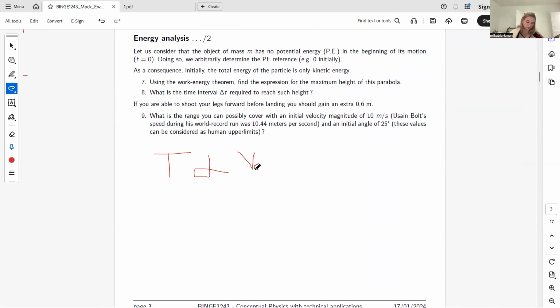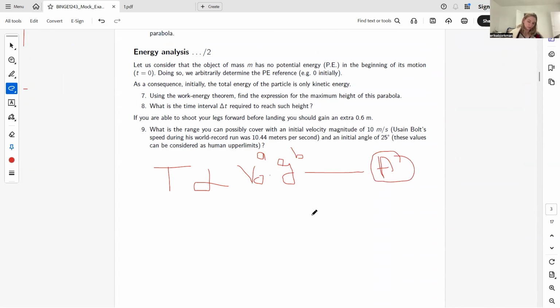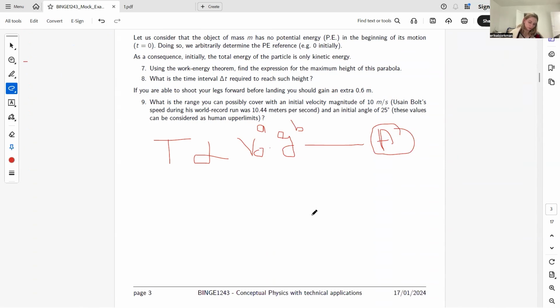V naught is the initial velocity. We can write V naught raised to power a, and g, which is the gravitational acceleration, having power b. You can say this is our equation A. Now we know their dimensions. So we need to compare the left and right hand sides by the dimension.